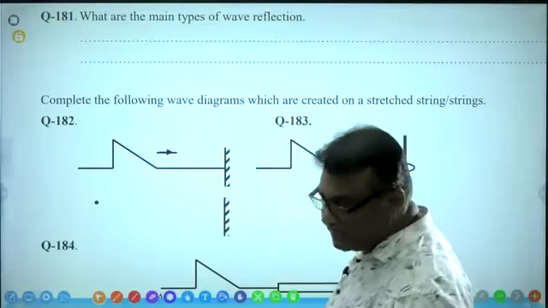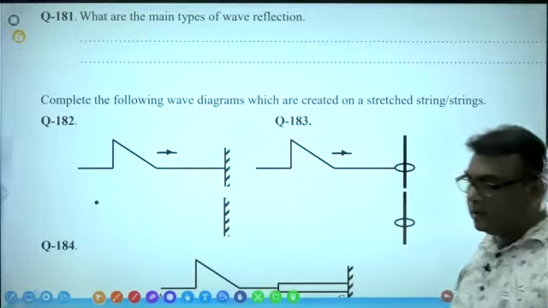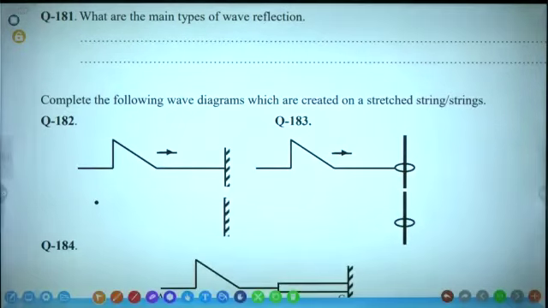Inverting reflection and non-inverting reflection.